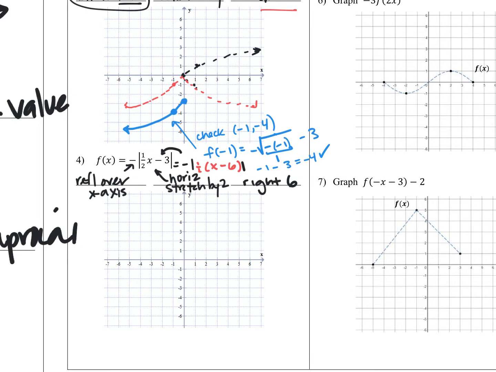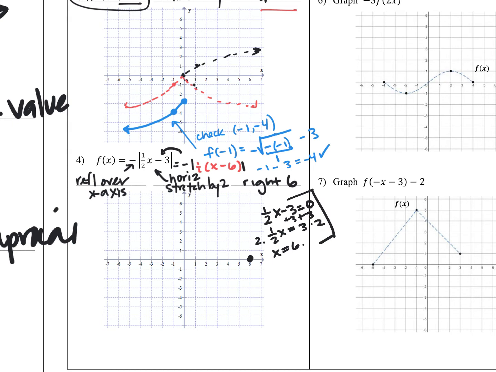Because if I think about, again, what makes that go to 0, that's been a little bit of a trick. Like, when is this equal to 0? Well, to solve that, we'd say 1/2 x equals, move the 3 over. We get 3, and then multiply by 2 to clear out that fraction, x equals 6. So we know we're going to have to be on that 6. So if you kind of start with that, trying to see what makes your function go to 0, that's sometimes helpful too to get that shifting part correct.